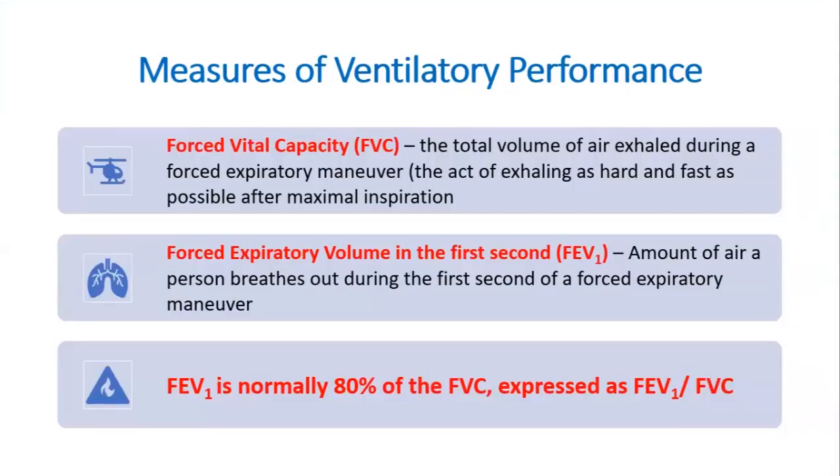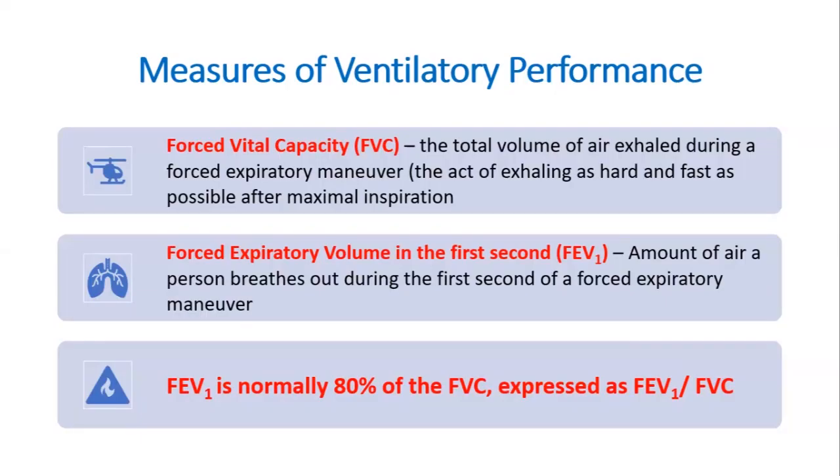Now, in terms of measures of ventilatory performance, so people are suspected to have a lung problem, there are ways in which we can do certain measures. And when we do certain measures, we can compare those measurements to standards that are set, and they can reveal to us if something is going on in the lungs.